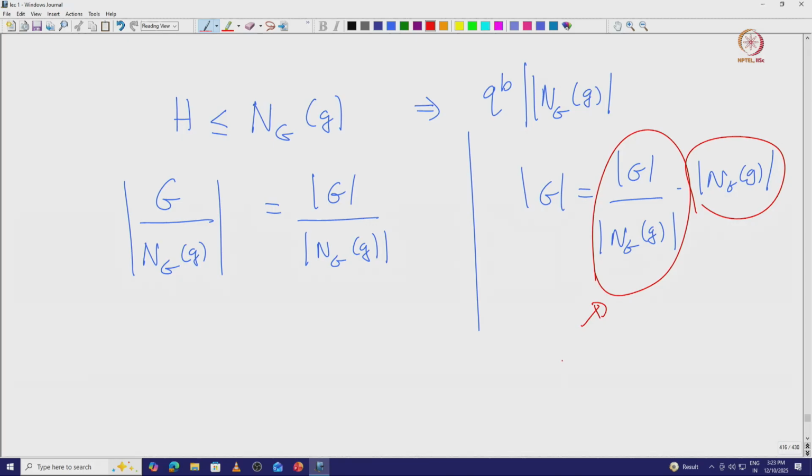So it must be p^t with t greater than or equal to 0.